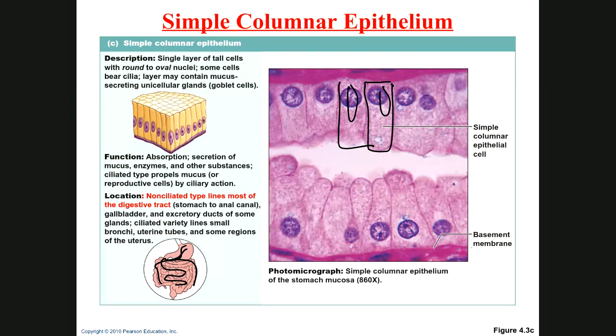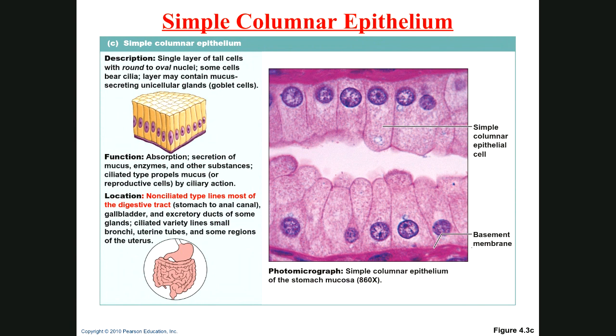The function of the tissue is the same as the function of the simple cuboidal epithelium. It's going to be absorption and secretion, which makes a lot of sense, because if this is the tissue found lining the GI tract, the function of the organs is to digest food, to absorb the nutrients, to secrete digestive enzymes.